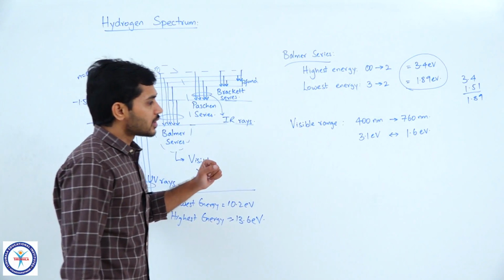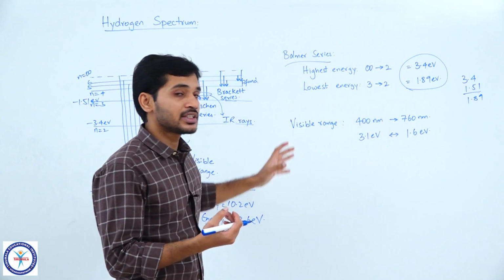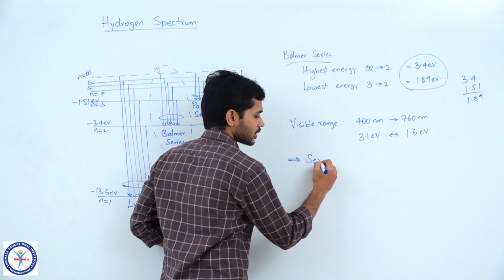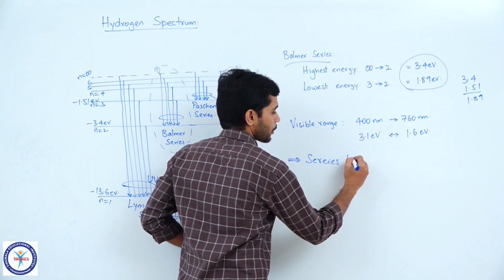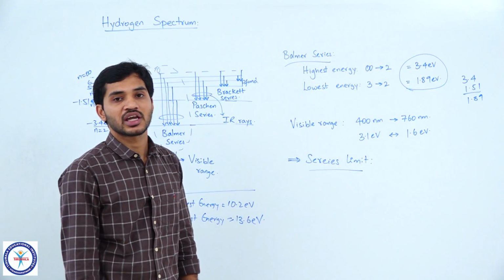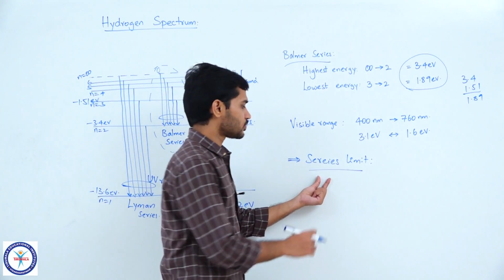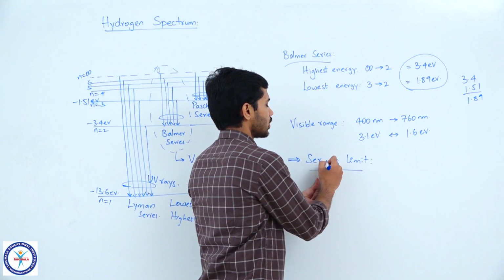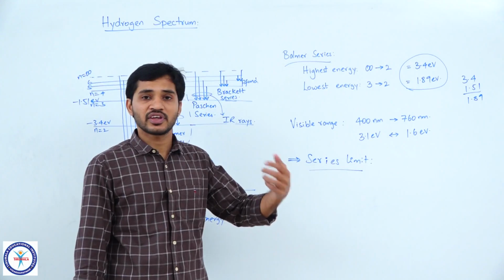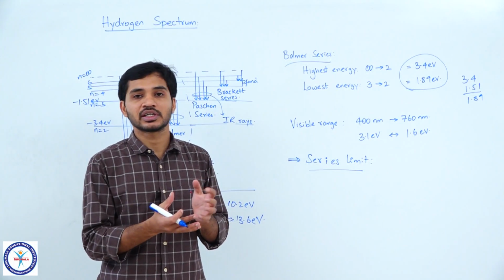Okay. Now similarly, there are a few terms which we will generally be using while talking about these series. One such term is called series limit. They may ask you to find the series limit for the Lyman series in hydrogen or He plus and so on. So series limit basically means the wavelength or the transition corresponding to the maximum energy in that particular group.